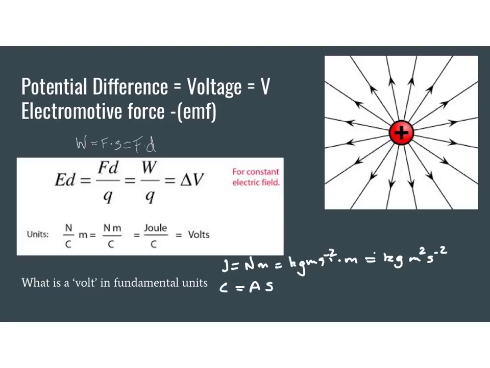So a volt is equal to a kilogram meters squared seconds -2 over ampere seconds. And so this one will combine with this one, and we'll get kilograms meters squared amperes to the -1 seconds to the -3. And so that's a volt, or the unit for potential difference in fundamental units.